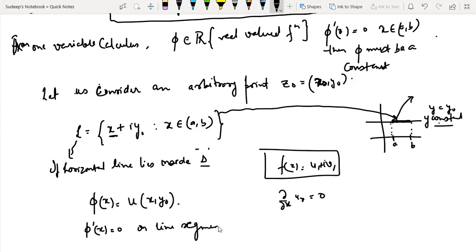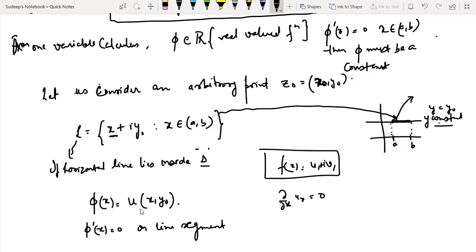So what I've done, I have defined my function phi x, where x should lie in D, and I've written my function u in a way that I've constrained my y. So basically now this becomes a function of x. Phi x is u of x comma y naught. Since I'm taking x and y both from D, this is well defined.